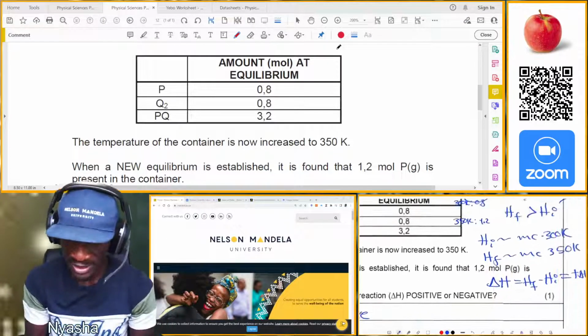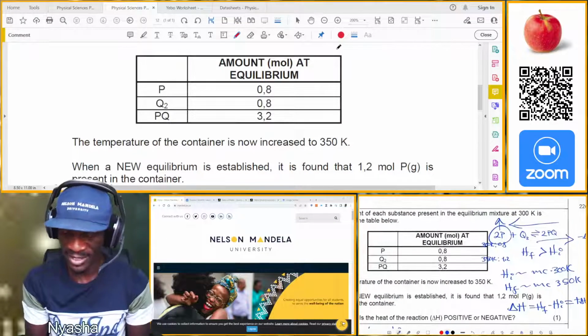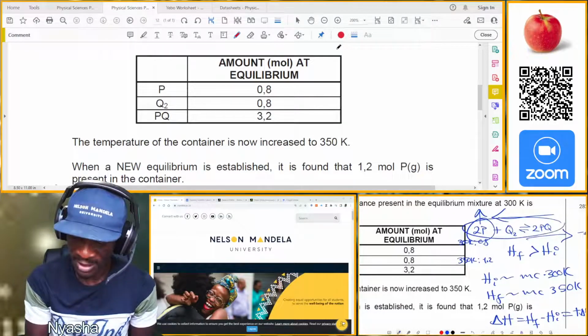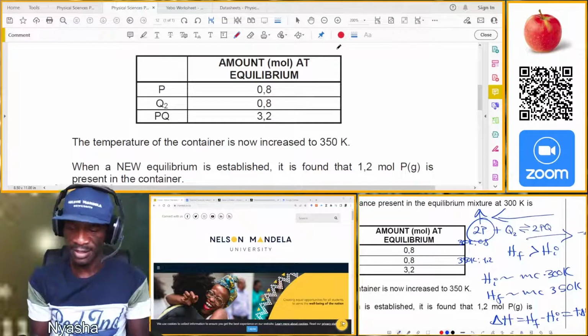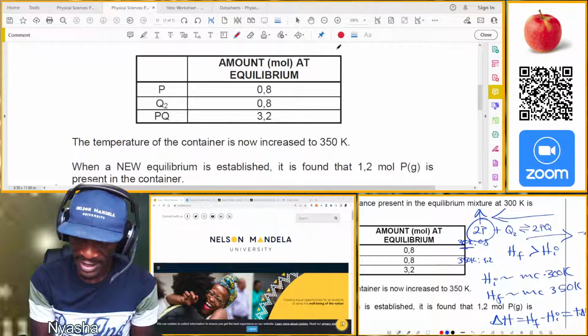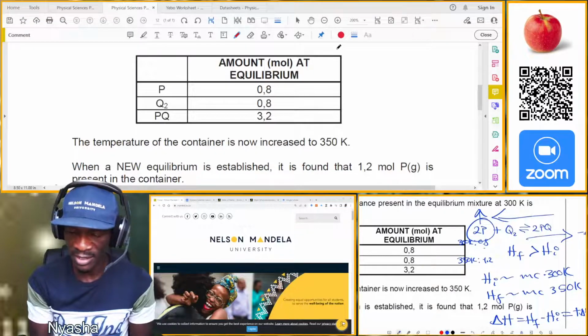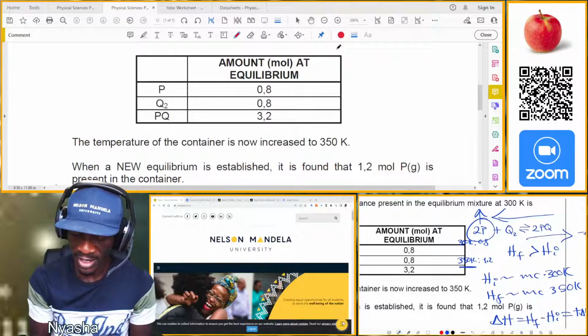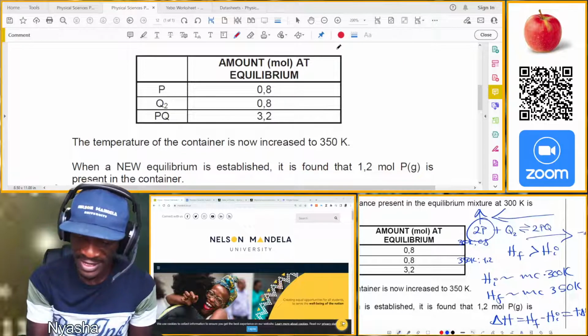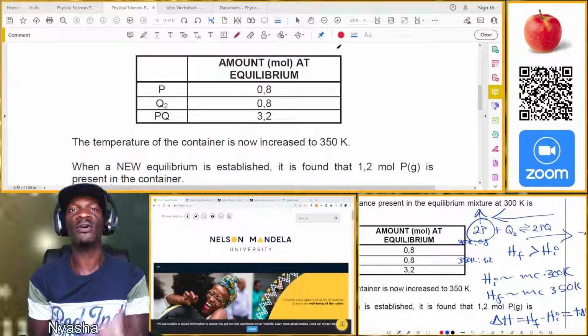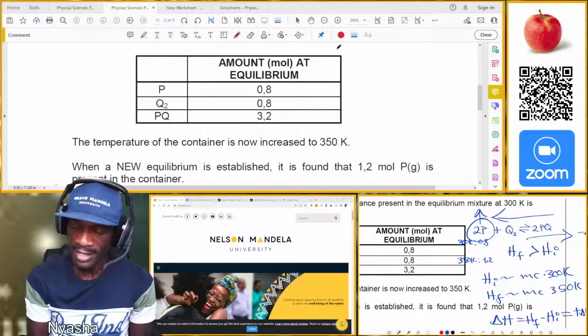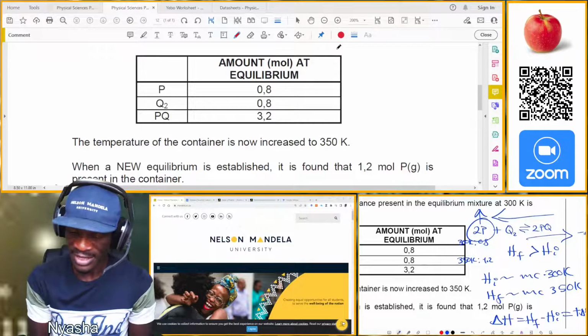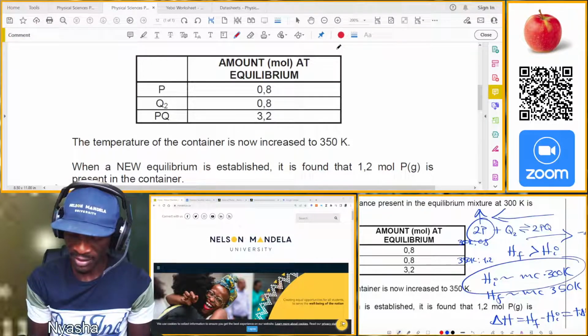We simply looked at the chemical reaction. We said we can tell that at the initial temperature we had 0.8 moles. At the final temperature we have increased the number of what? Of moles of P. According to the temperatures, we know the heat can be approximated by that equation.